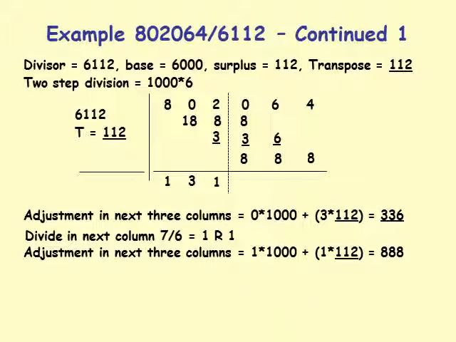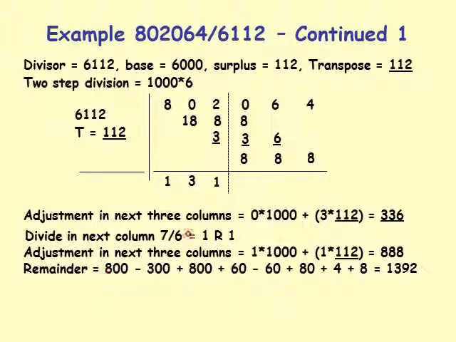There are adjustments here. Remainder is 800 minus 300 plus 800 plus 60 minus 60 plus 80 plus 4 plus 8, which is equal to 1392. 800 minus 300 is 500 plus 800, 1300. 60 and 60 go away, so 1300 plus 80, 1380 plus 4, 1384 plus 8, 1392.